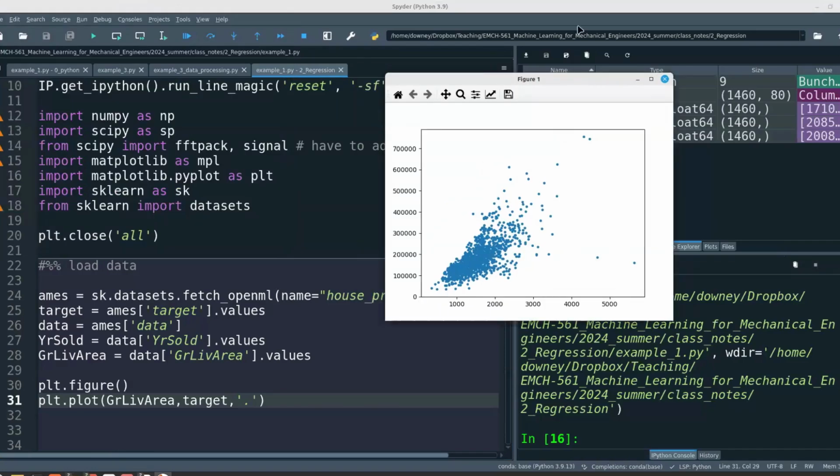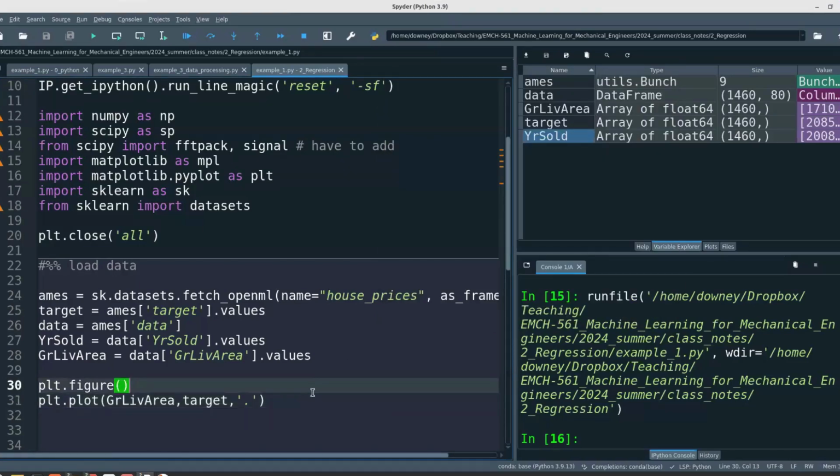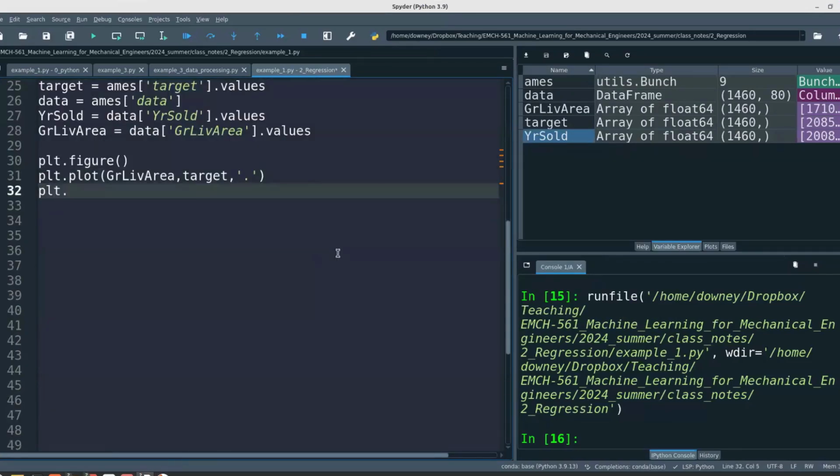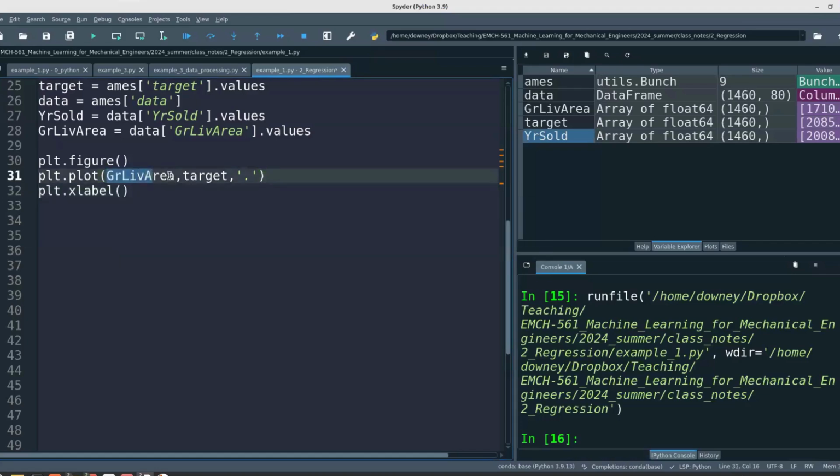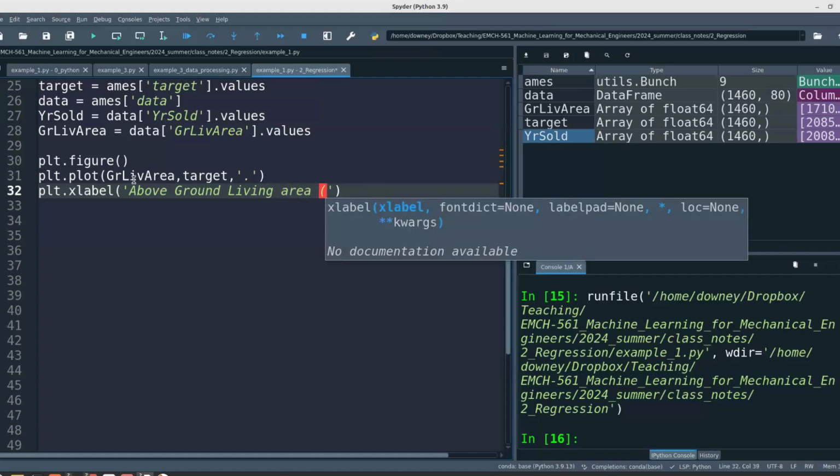Right? And so we can see, well, we can't see. Let's put some X labels in this. plt.xlabel, and that is above ground living area in units of square feet.